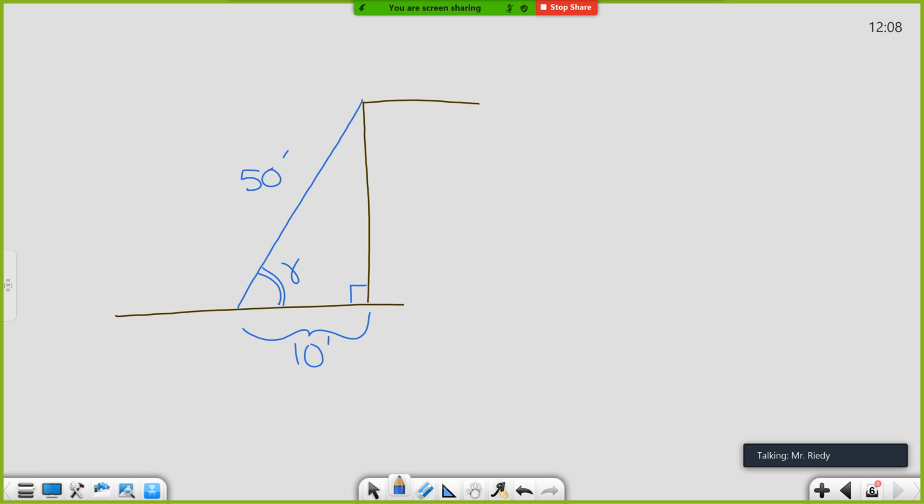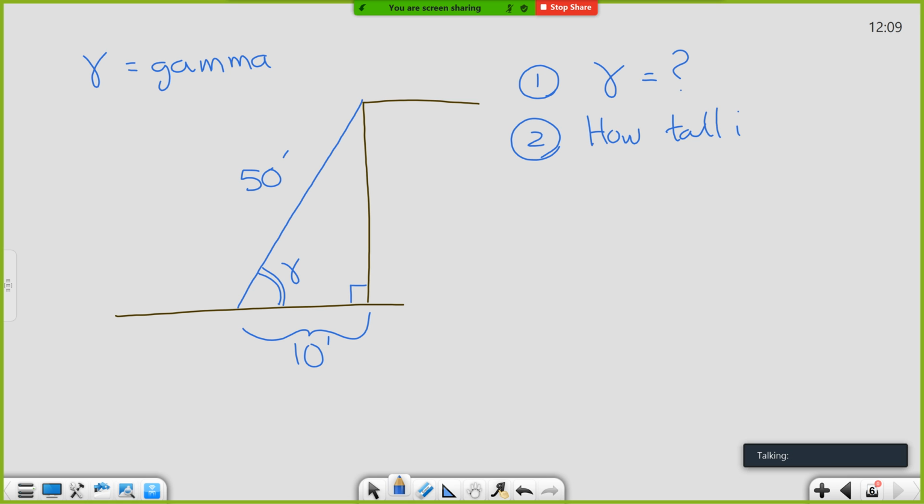Let's go with gamma. Solve for gamma, please. Wait, let's make this a 2-parter. Let's solve for gamma and how tall is the building? Let's call that H.